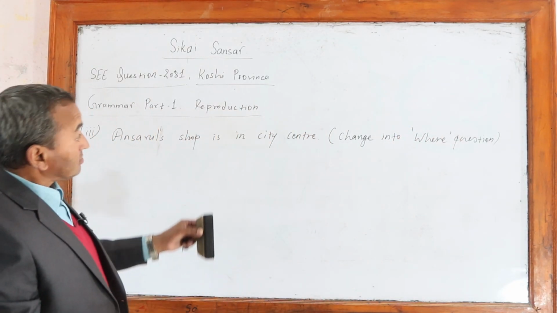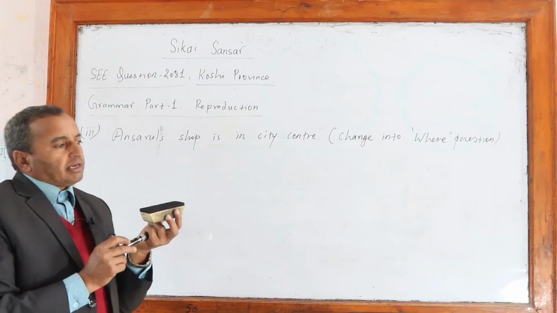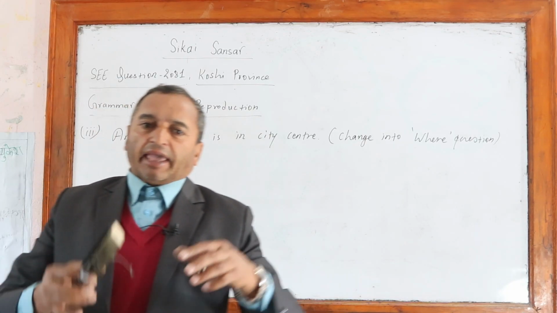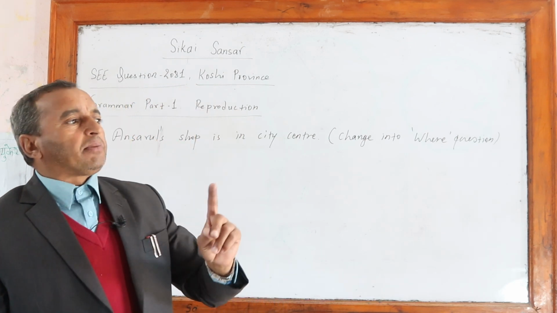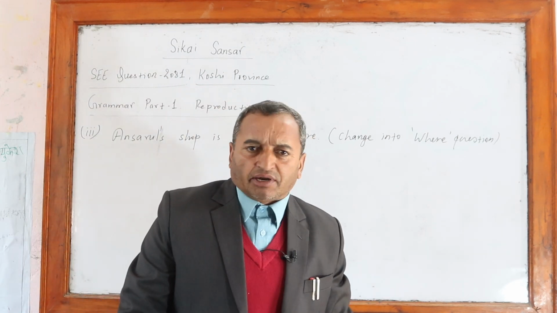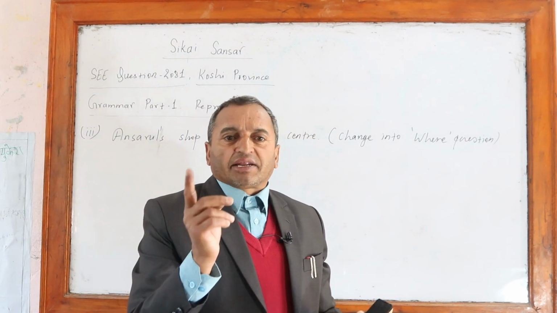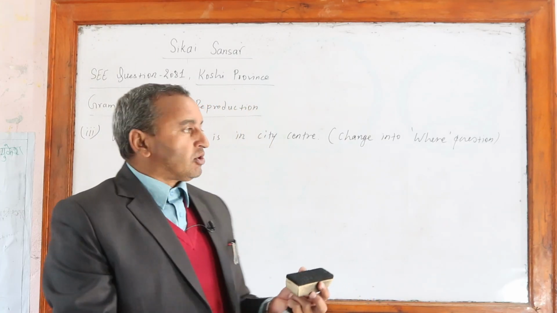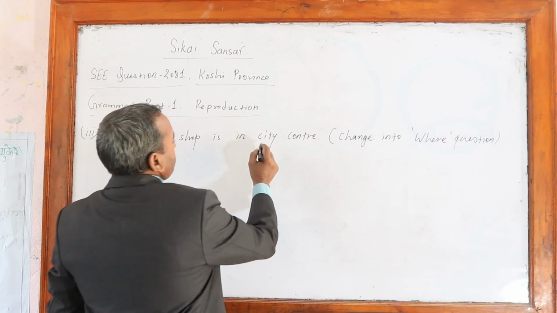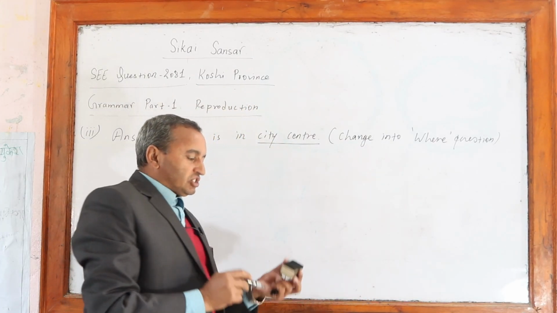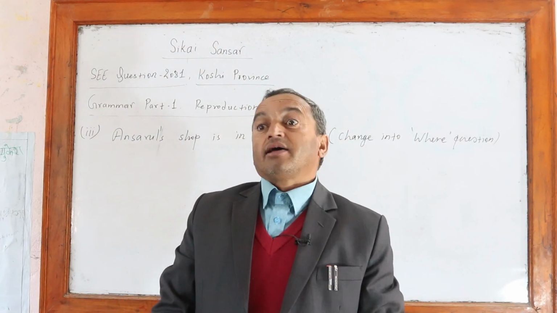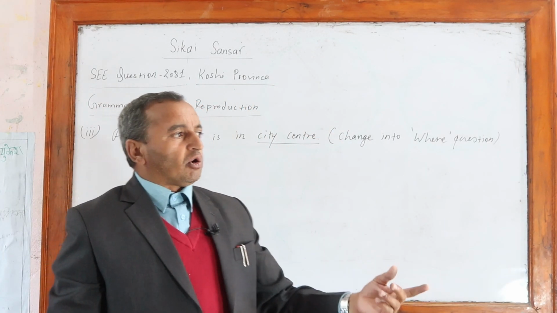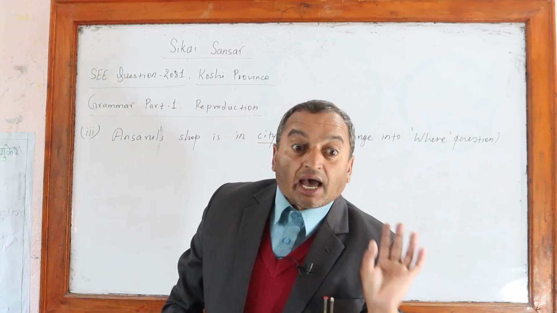So while changing statements into questions, we have to know what is the answer of that very WH question. When there is a where question, the place is its answer. So in our question, the answer should not be included. And if there is a who question, a person is the answer.